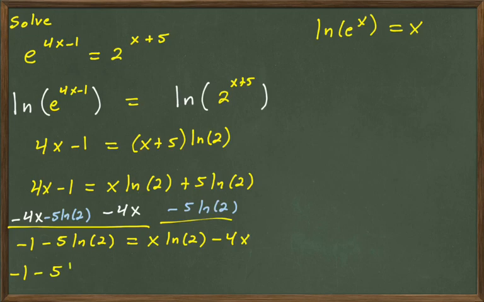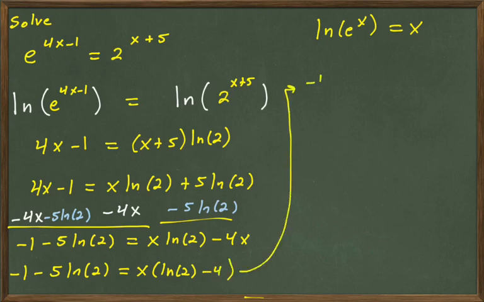So on the right-hand side, we'll factor an x out. So we'll have x times the quantity natural log of 2 minus 4. Then we'll come on up and we have negative 1 minus 5 natural log of 2 is equal to x times the quantity natural log of 2 minus 4.